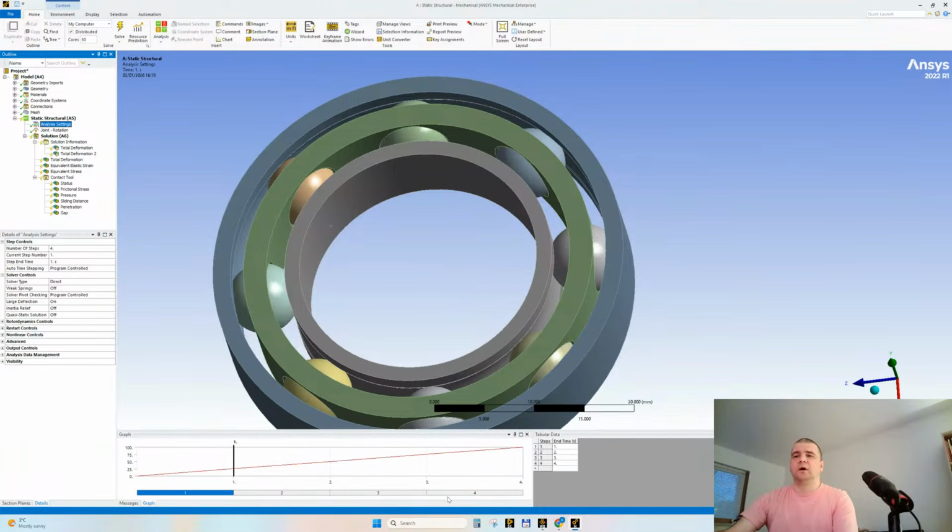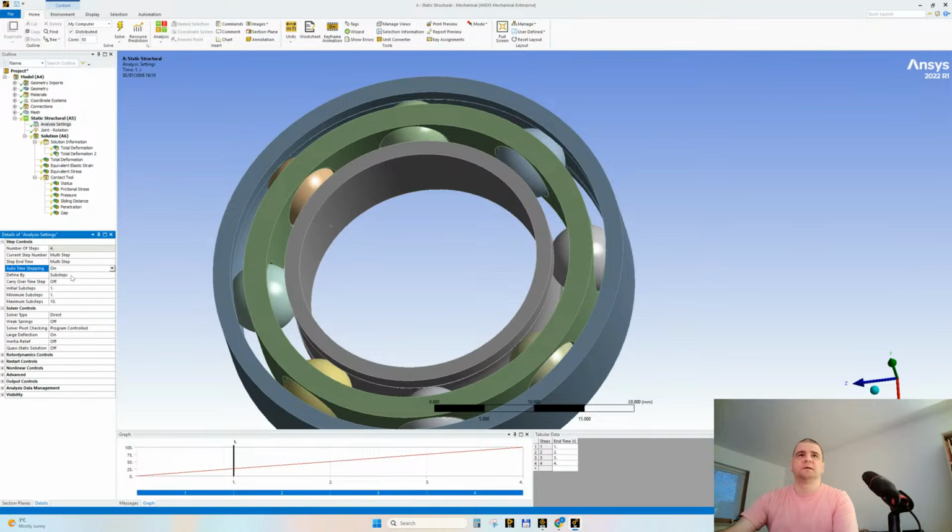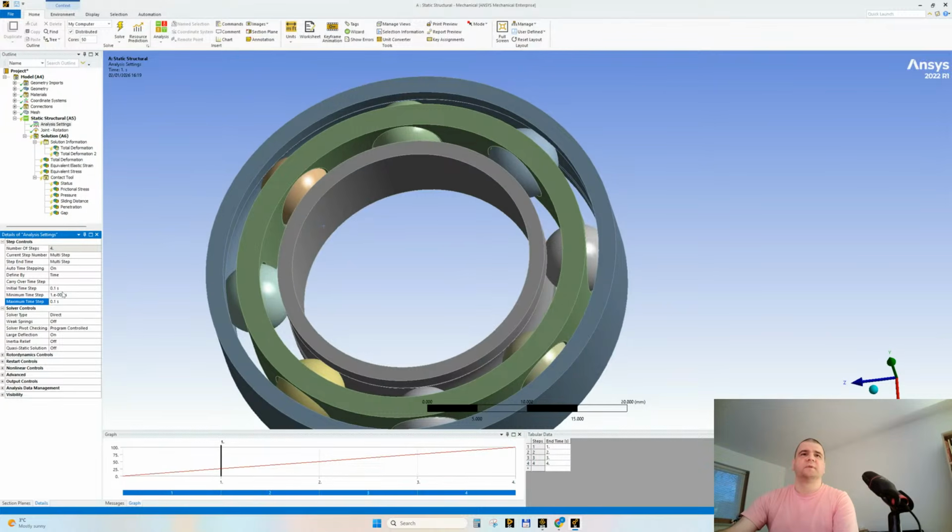I would like now to impose some time steps. Let's see. I like the time very much. Carry over time step 1. Initial time step. Let's make it here 0.1, 0.01, and 0.1. Remember, seconds are not, let's say, true in static, okay?